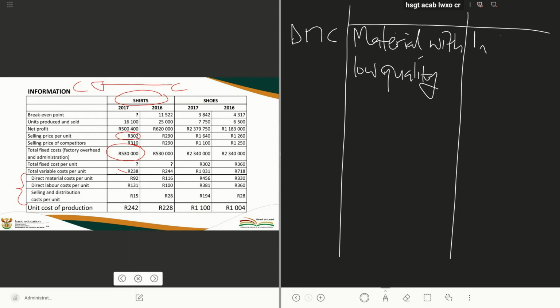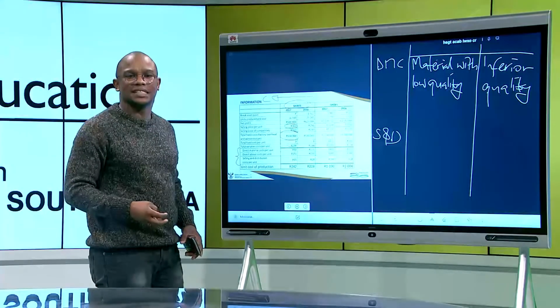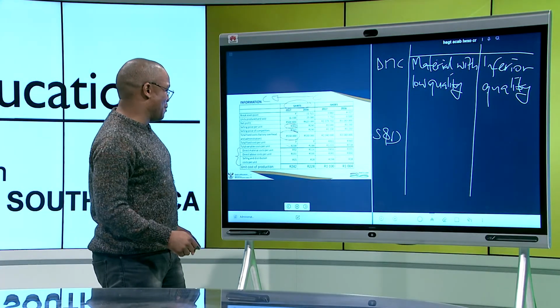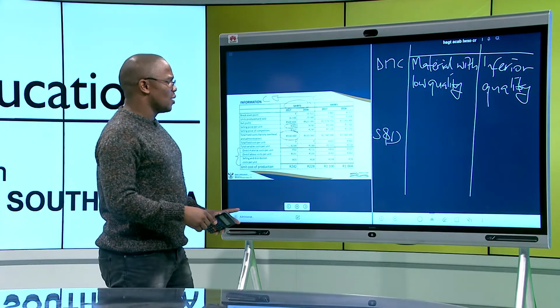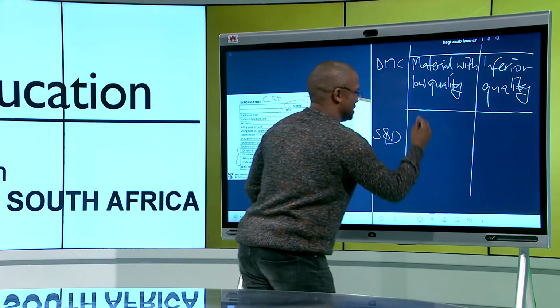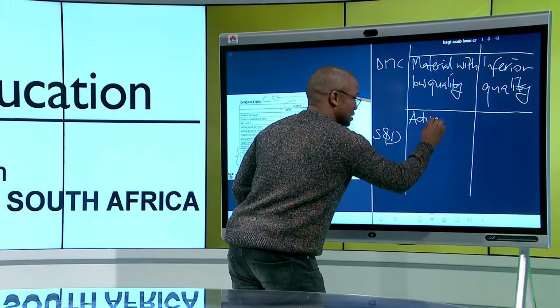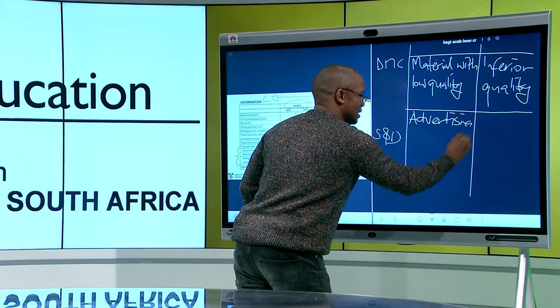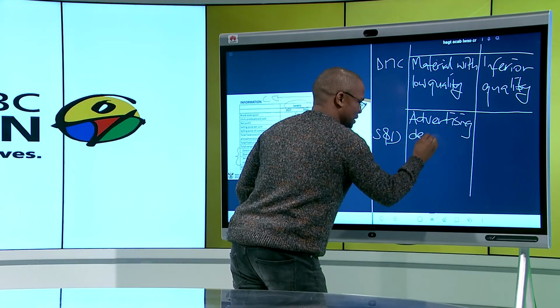This might lead to inferior quality as part of supply. Then let's check the other one, selling and distribution. If selling and distribution was 28 and is now 15, it decreases. It might happen that we decreased advertising.